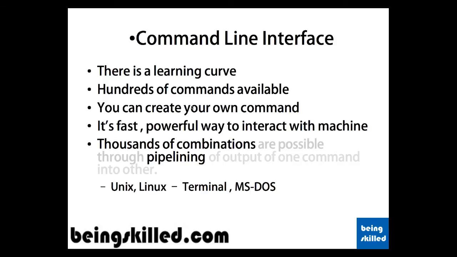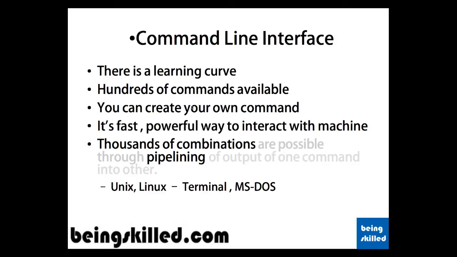Back in the days of the 1980s, there was only CLI, and people used to interact with machines using the CLI only. Also, thousands of combinations are possible through pipelining the output of one command into another, which makes command line interfaces very powerful.